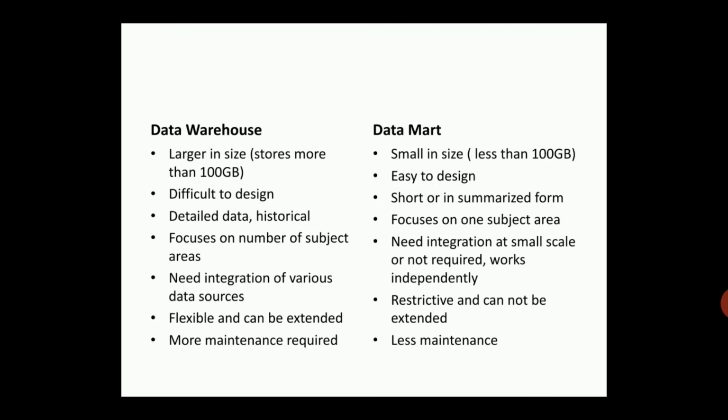Another is type of data. The data warehouse stores detailed data and the data is historic. On the other hand, the data mart stores short data, not in very detailed form but in summarized form. As we know, the data mart is a subset of the data warehouse and it stores a very small portion of it. The data warehouse focuses on a number of subject areas.